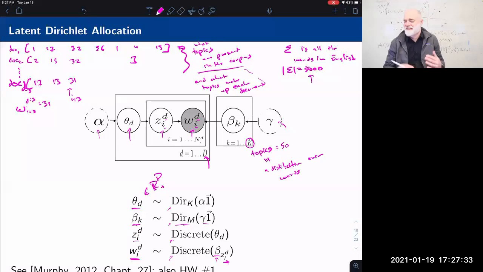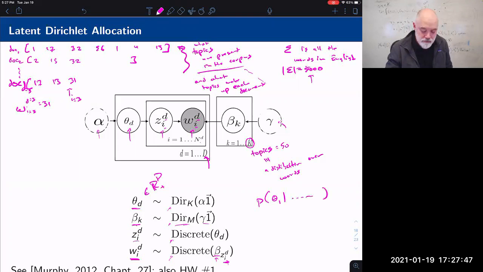Oh, no, I love it. This is great. Exactly. So there's going to be some distribution. We'll cheat in the homework to keep it simple, but there'll be a posterior distribution of theta 1, and a posterior distribution of theta 2. And we can look for the closest in distribution between the posterior distribution of theta 1 and all other documents in the corpus. Okay.